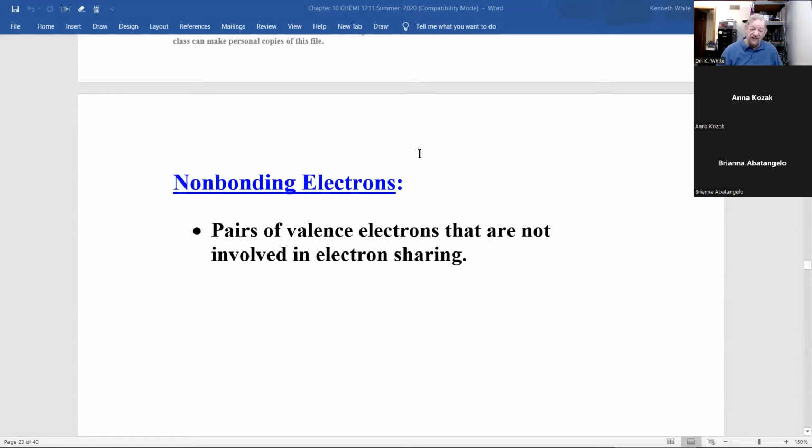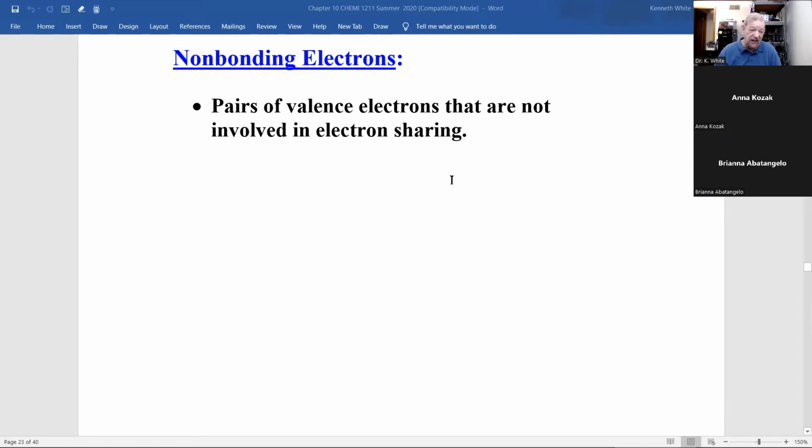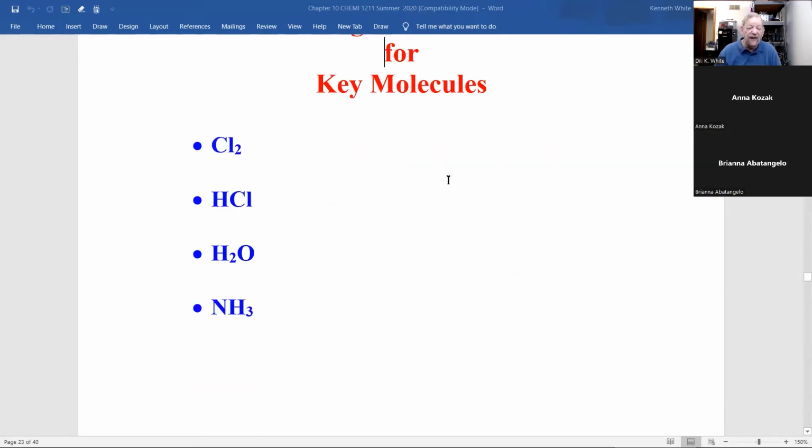Those are pairs of valence electrons that are not involved in sharing, in other words, a chemical bond. Now, how do you do this? Remember the octet. All atoms except for hydrogen want to have surrounding them, either their own or shared, 8 valence electrons, which is why it's called the octet. We did some of these last week, but let's go through and do ammonia.